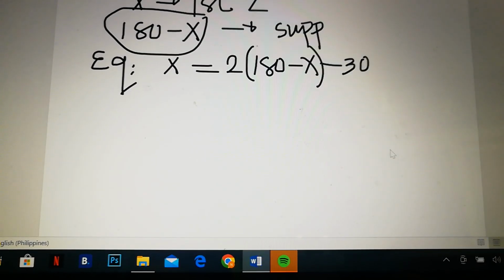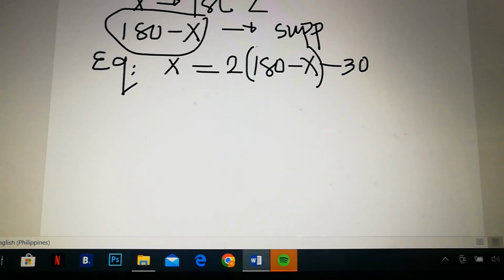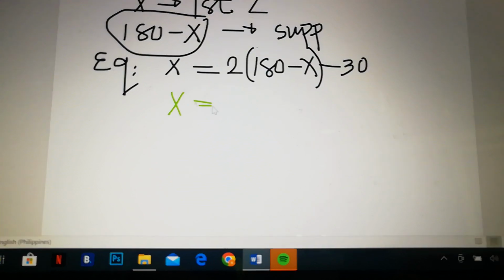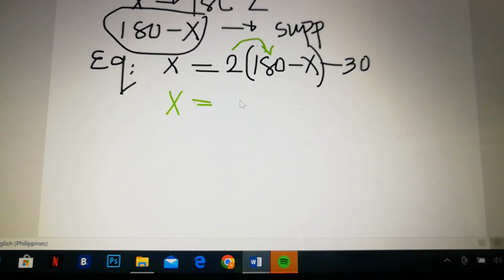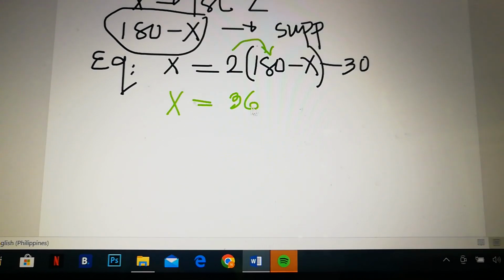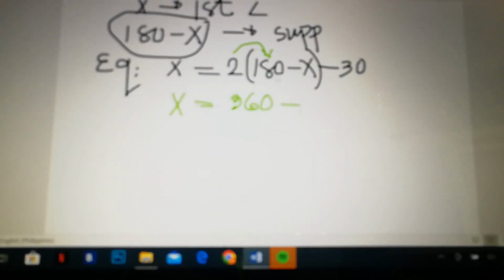Okay, so work out the problem. x is equal to, applying the distributive property, 360 minus 2 times negative x, that is equal to 2x minus 30.